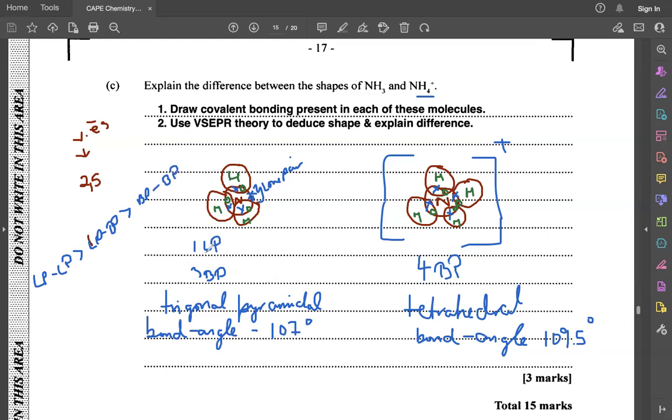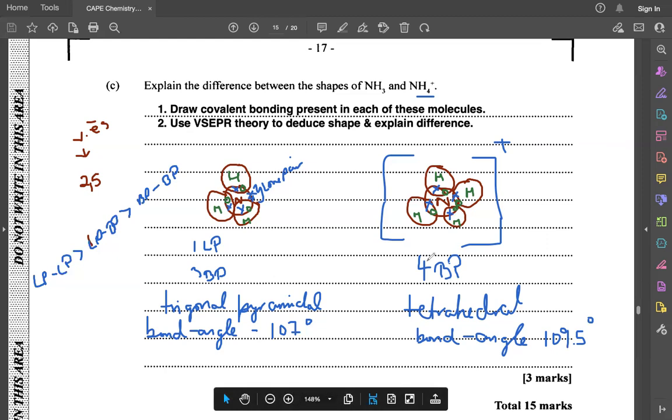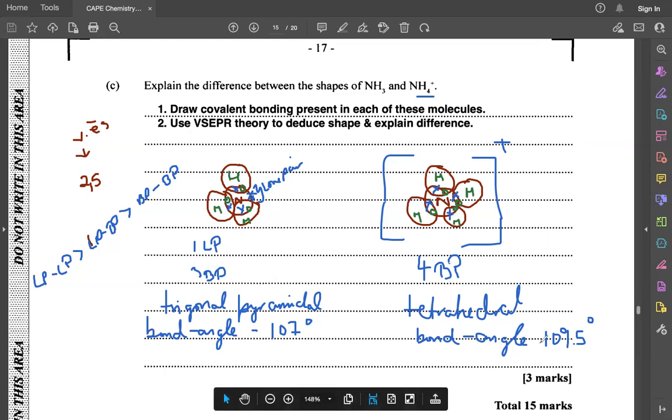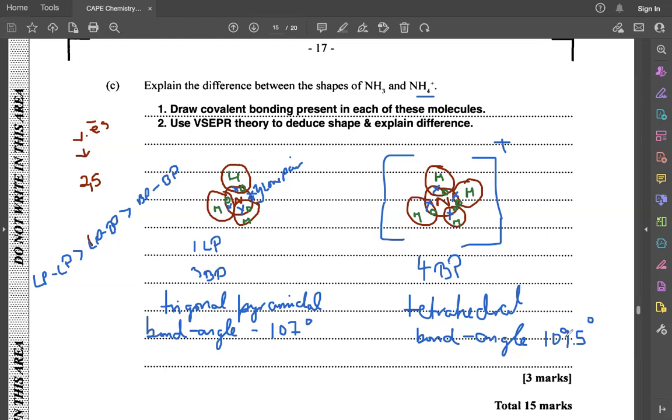So in ammonia, which is in the intermediate case, there's a reasonable amount of repulsion between the lone pair and the bonded pairs around it, such that we end up with a trigonal pyramidal structure with a bond angle of 107 degrees. And in the ammonium ion, all we have are bond pair, bond pair, bond pair, bond pair, and they're repelling each other, but to a lesser extent than over here. And so the bond angle is slightly higher, which is 109.5, and we get a tetrahedral structure out of that. Okay, guys?